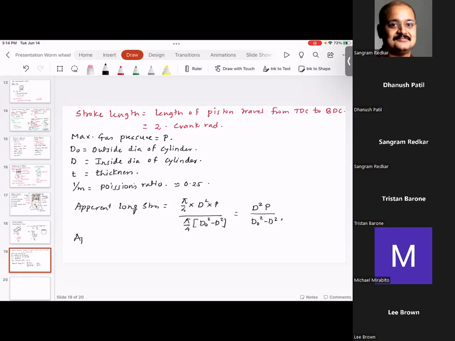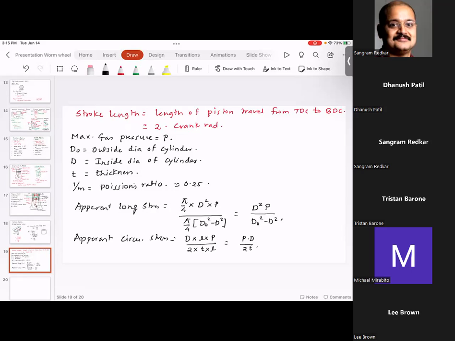And there is something called the apparent circumferential stress, which is given as d times L times P divided by 2 times T times L, which is PD by 2T.